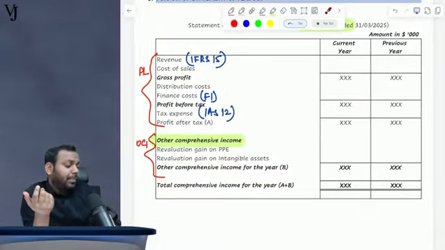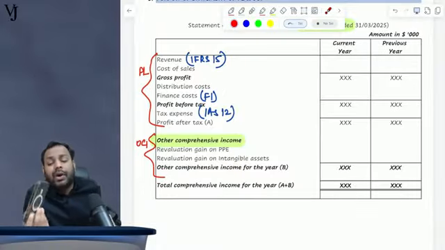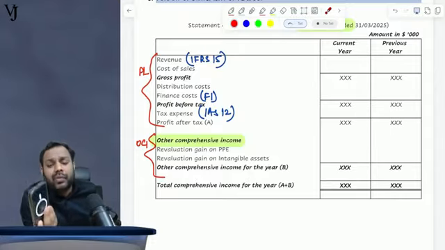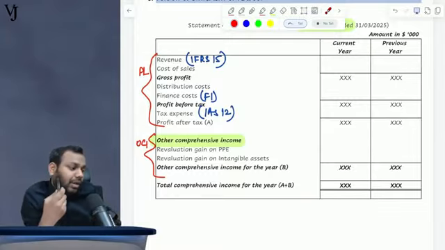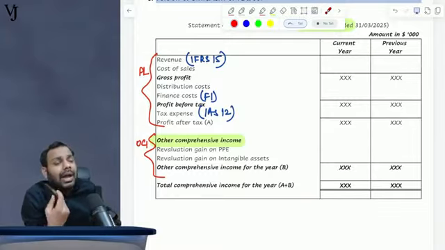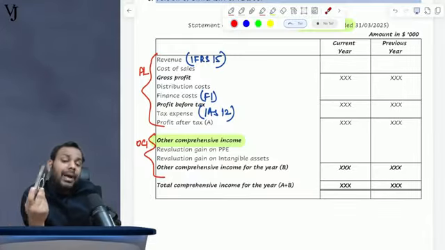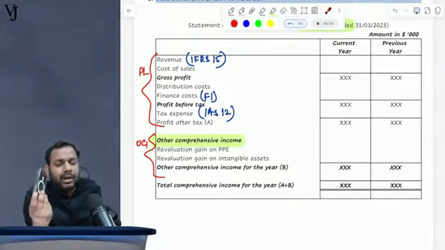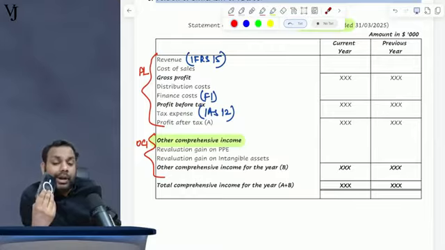Let's suppose I purchased this mobile phone for my personal use. I purchased it for $10. Now what happened? I saw that in the market the price of this mobile phone increased. So in my financial statements, in my SOFP, I increased the value of this mobile phone to $12.